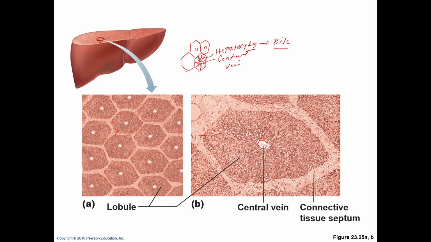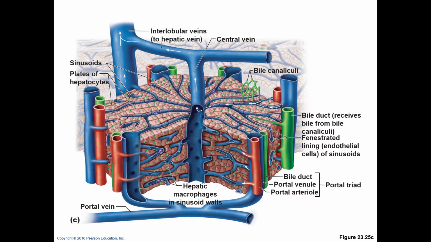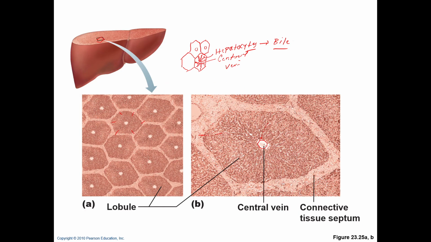Now, in each corner of that hexagonal lobule, you have three structures: a bile duct, an artery, and a vein. So let's see the next slide.